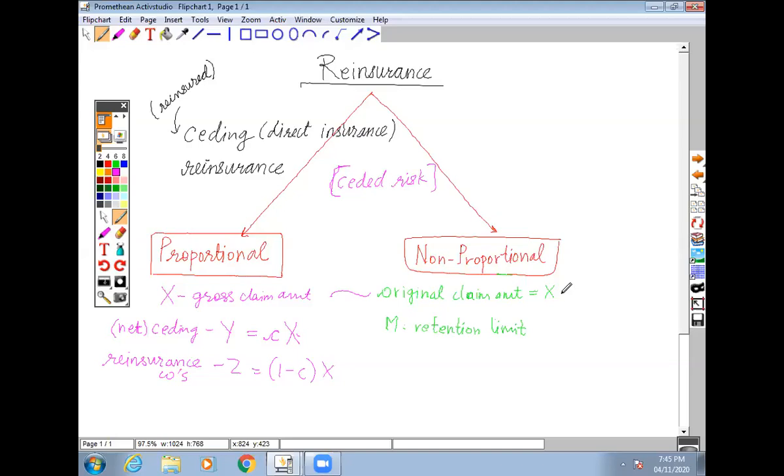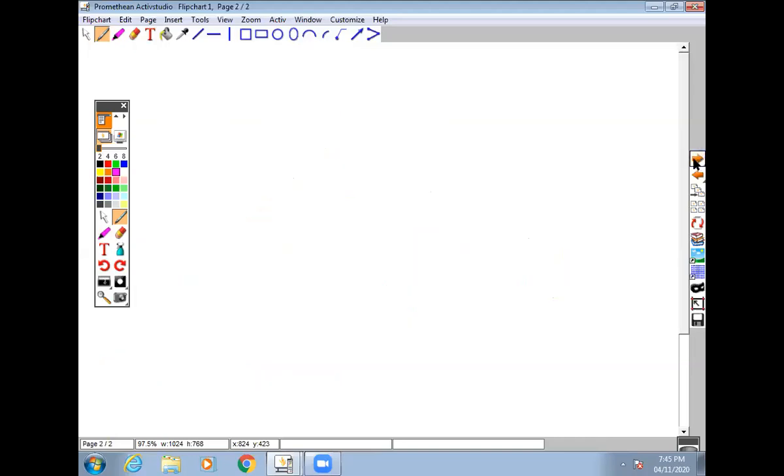And again, we can divide the kinds of reinsurance that we just studied into two subcategories further. Whenever I'm talking about proportional reinsurance, I can again have two subcategories. Let me just take a new page.